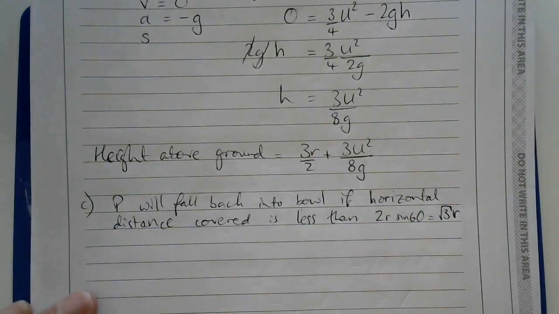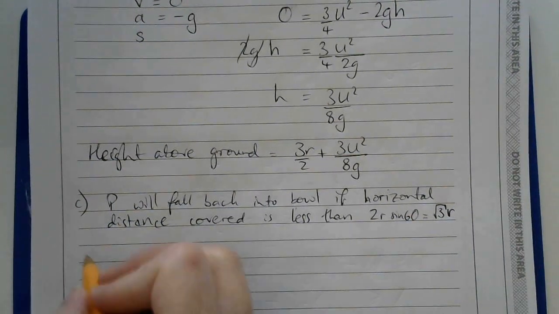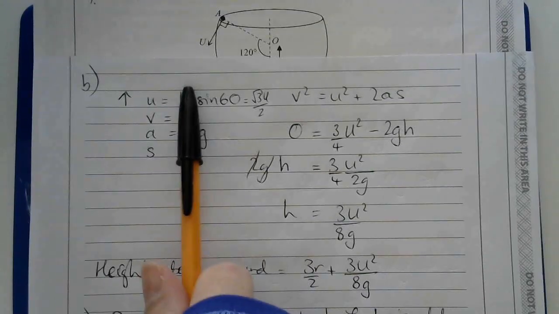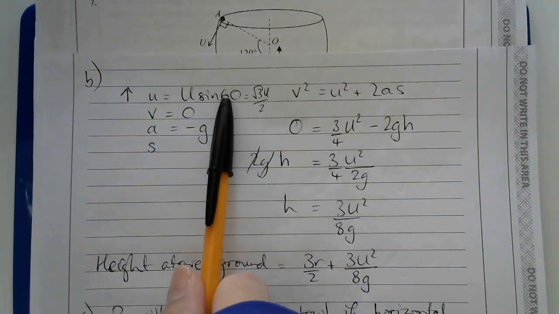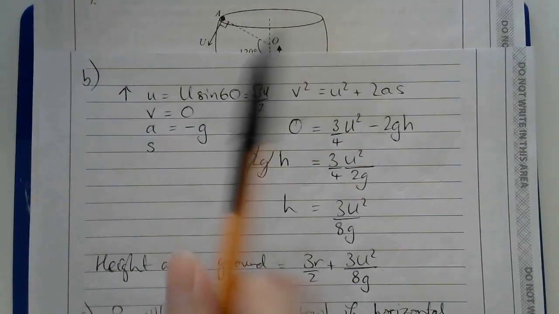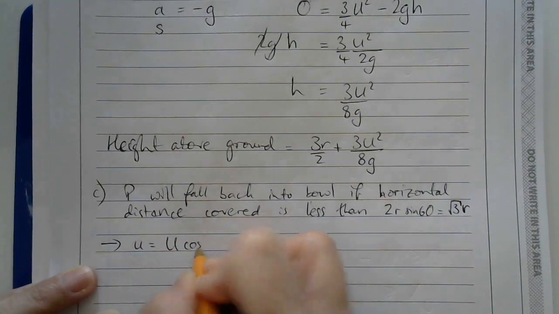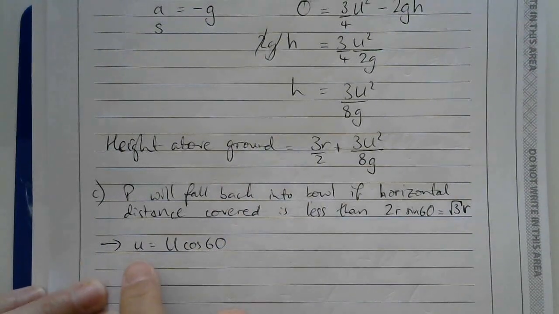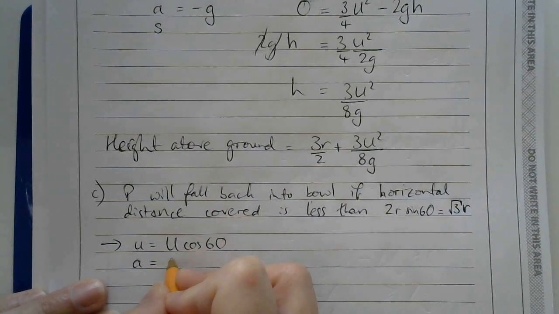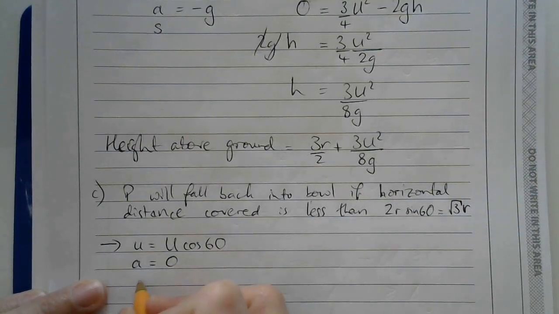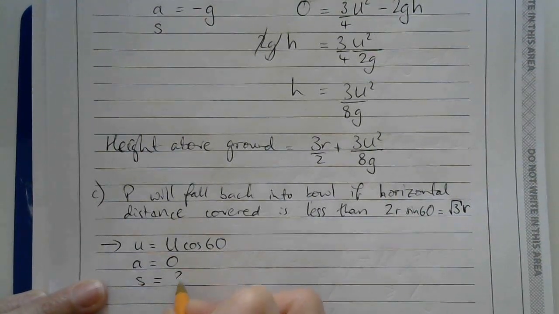Okay, so if we look at horizontally what's happening, so vertically I had this, and so then horizontally I'll have u cos 60. A will equal 0. S is what I'm interested in.